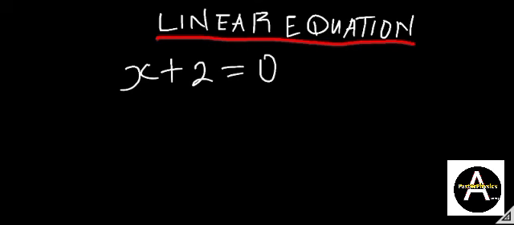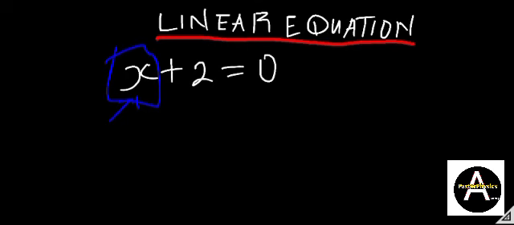Now, if we want to solve this equation, what do we do? First of all, look for what you are looking for. When I say find x, we know that this is x, right? And when we are looking for x, we make sure that only x is standing alone in this side. So everything that is connected to x on this side is being displaced to the other side, so that x will stand alone. And when x stands alone, that means that the solution to the equation has been done.